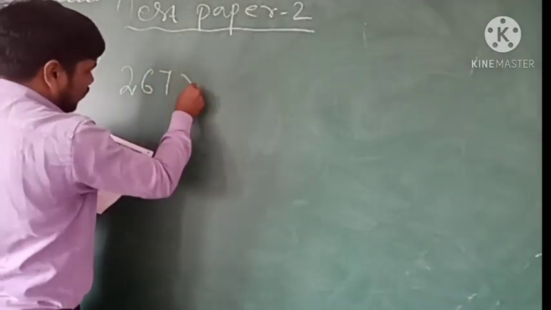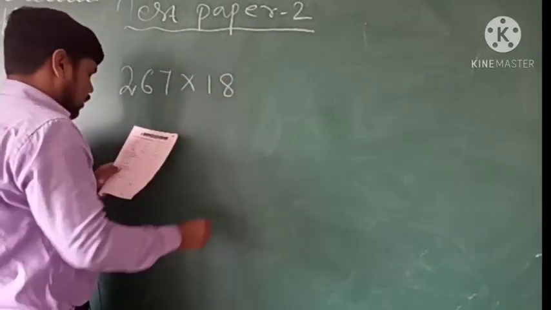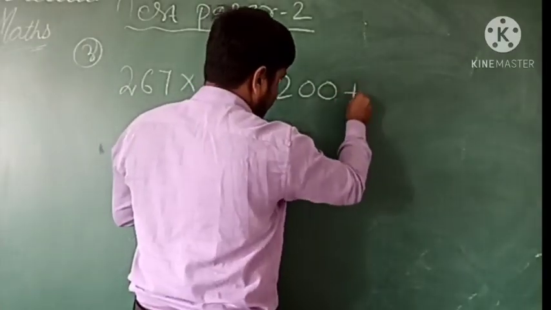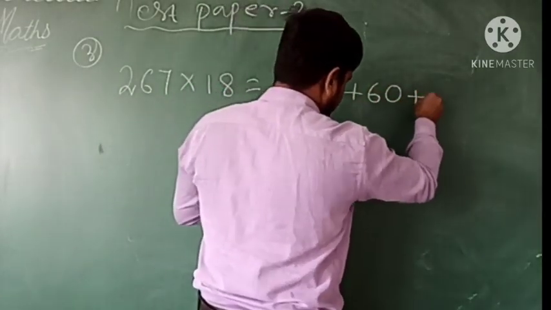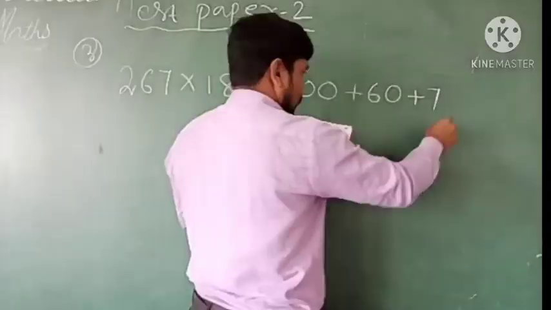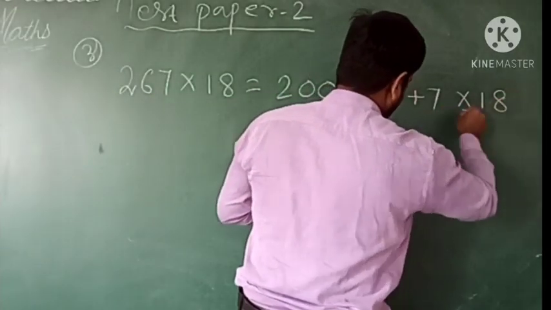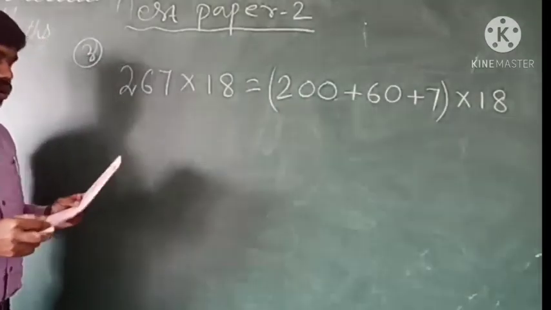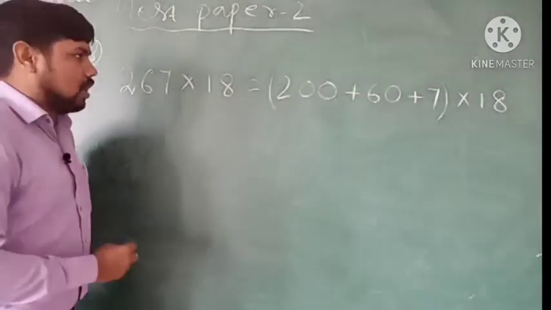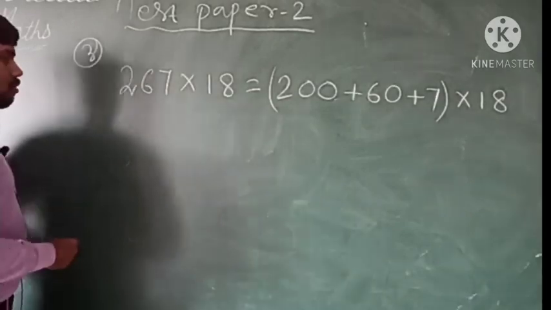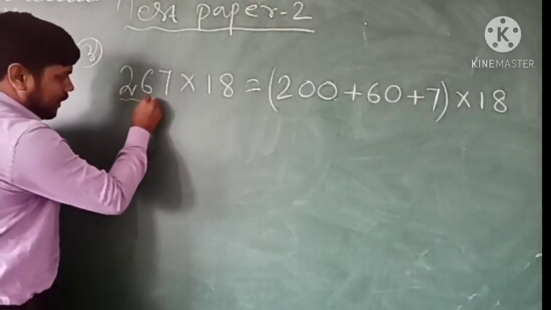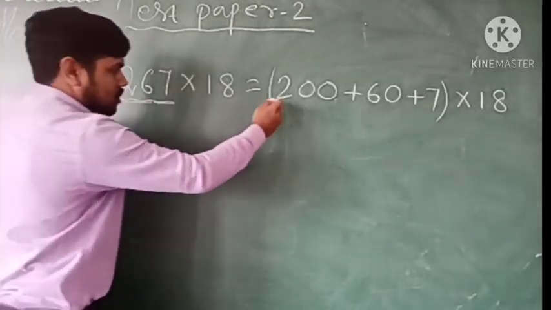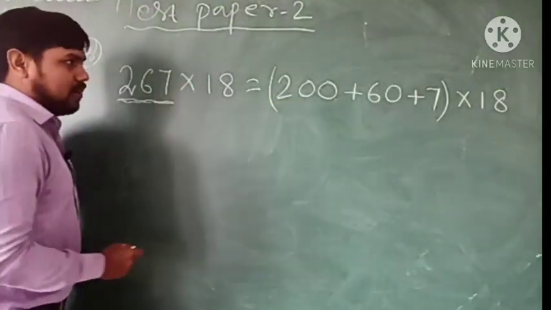267 multiply 18 is equal to 200 plus 60 plus 7 multiply 18. So is this statement true or false, that you have to tell. Very simply you can see here we have 267. The same thing we have just written here, the expanded form of this.